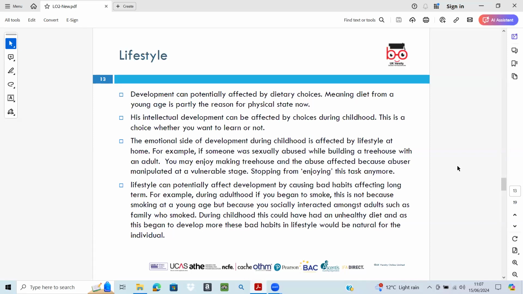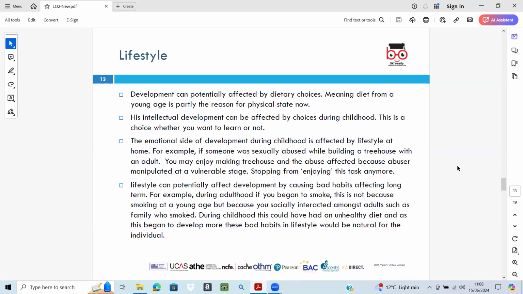Then we have intellectual development. We can say a child who actively engages in learning, explores curiosities, and seeks educational challenges is likely to experience enhanced cognitive development and academic success.